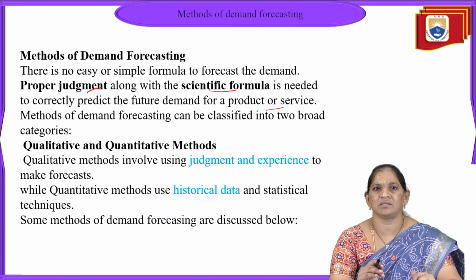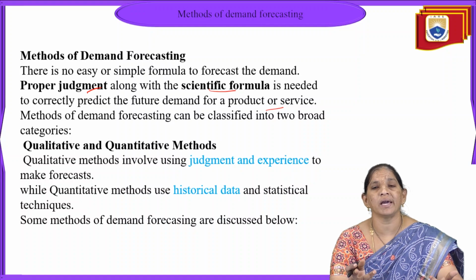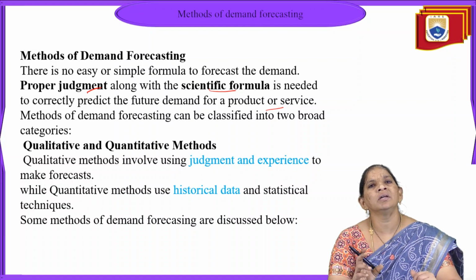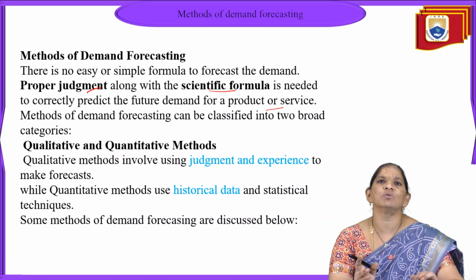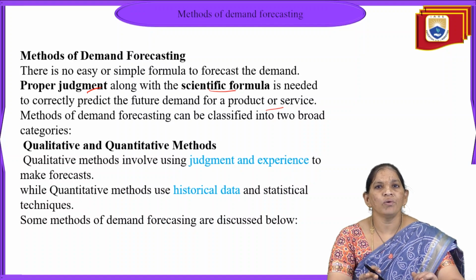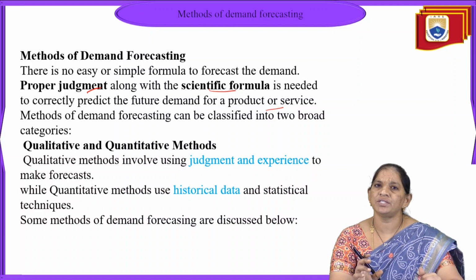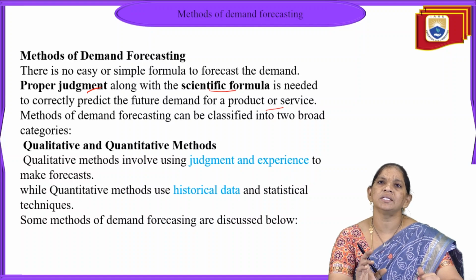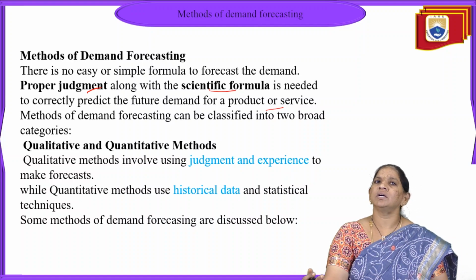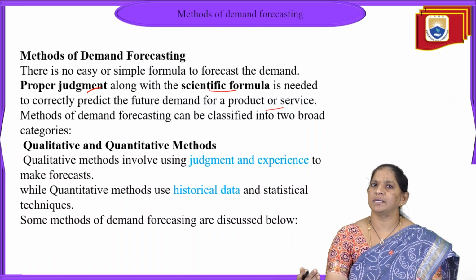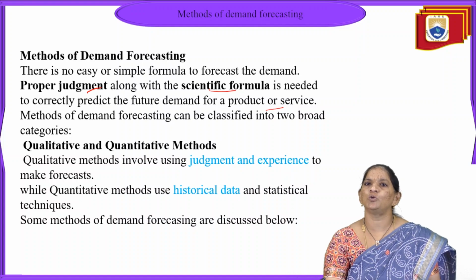We cannot simply predict that consumers will like or dislike a product without any proof, because of bias. That is why demand forecasting always requires proper judgment analysis with a scientific formula. The methods of demand forecasting have been categorized into two ways.